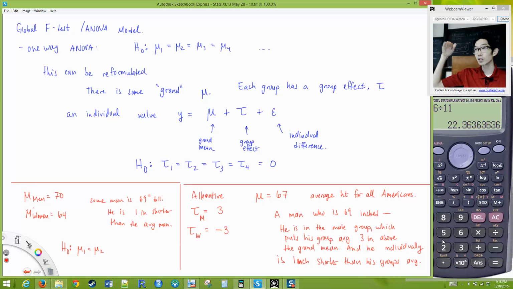Statistically speaking, the Asian demographic has a shorter average. So if we were to use this old model, we would have to come up with every single different group, right?